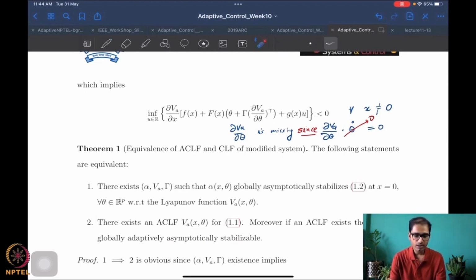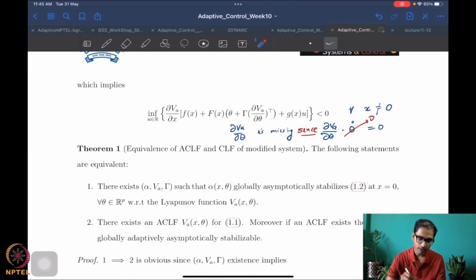All right. So then we have a nice little equivalence result. What does it say? It's essentially the equivalence of the adaptive CLF and the CLF of the modified system. It says that there exists a feedback alpha, an adaptive CLF, and a gain gamma such that alpha globally asymptotically stabilizes 1.2 at the origin for all theta in R^p with respect to the Lyapunov function VA.